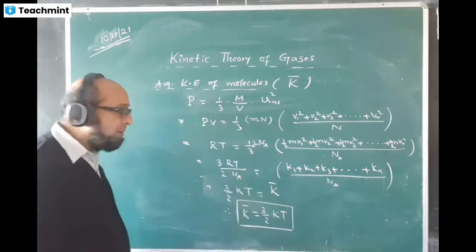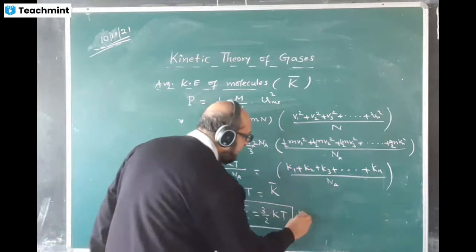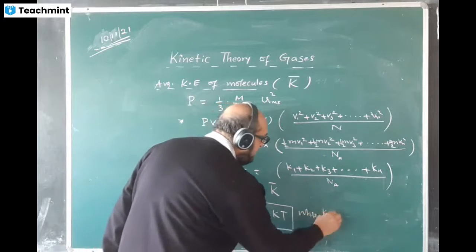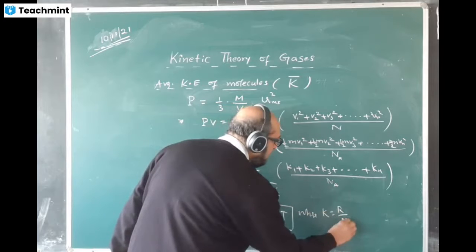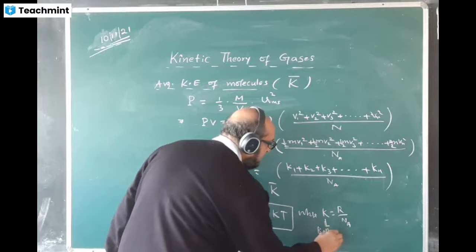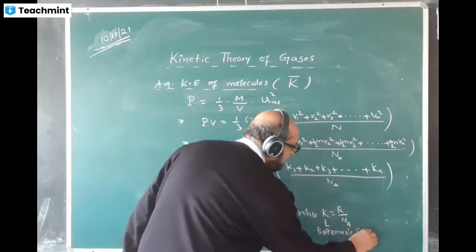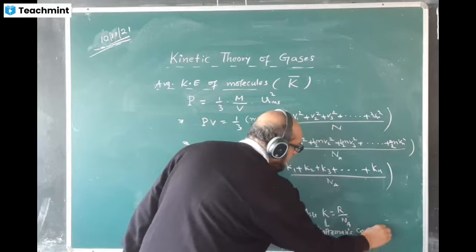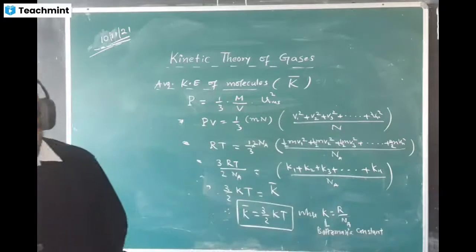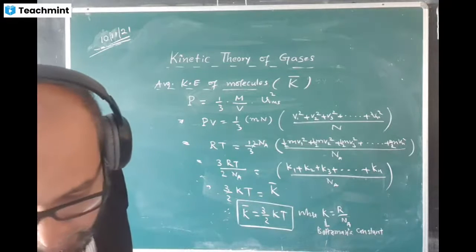And this is a relationship, where K is Boltzmann constant, remember, where K is equal to R by Na, and this is called Boltzmann's constant. The value of this constant I've already given last time. Do you remember what was the value?